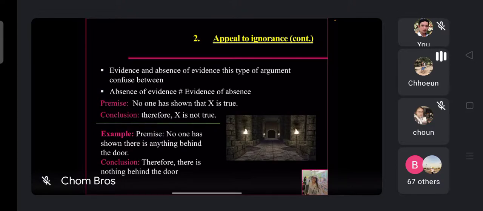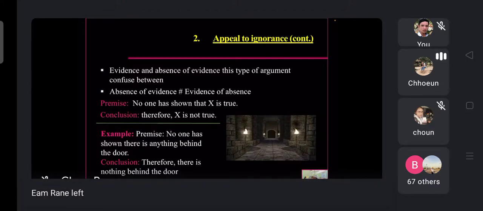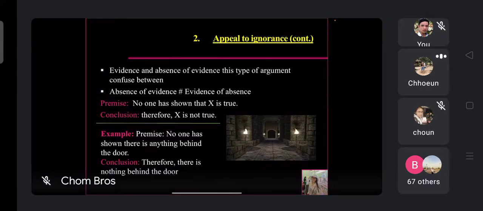Here is a picture and an example. The premise: no one has shown there is anything behind the door. The conclusion: therefore, there is nothing behind the door.